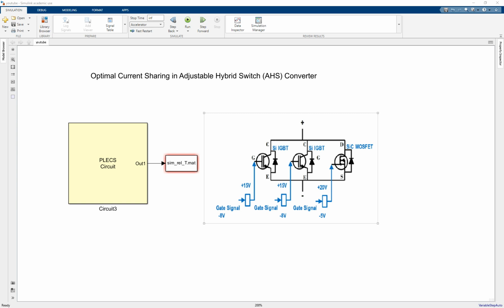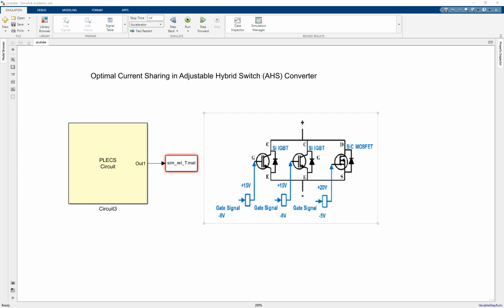The current flows obviously through these devices. So if the current is positive, it's going to flow through either IGBTs or one IGBT or MOSFET, or actually all of them. So you can control which device should be turned on to allow the current flow in. And when the current is negative, it actually flows through diodes.